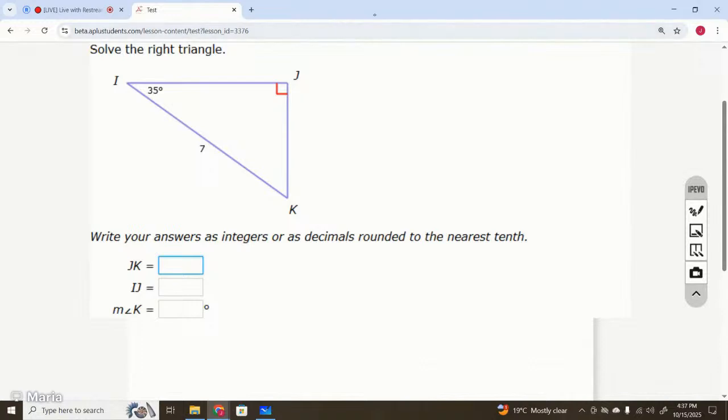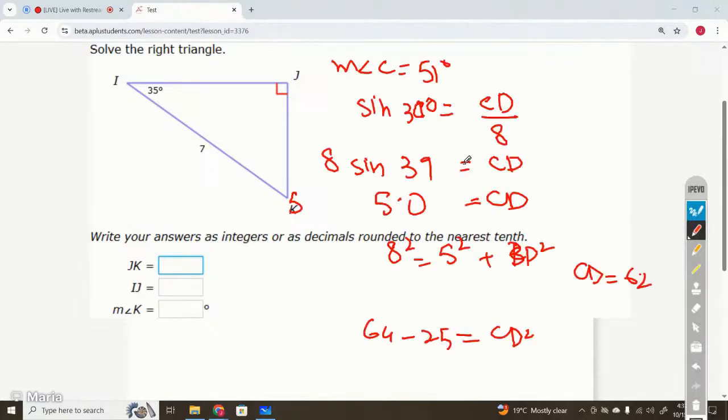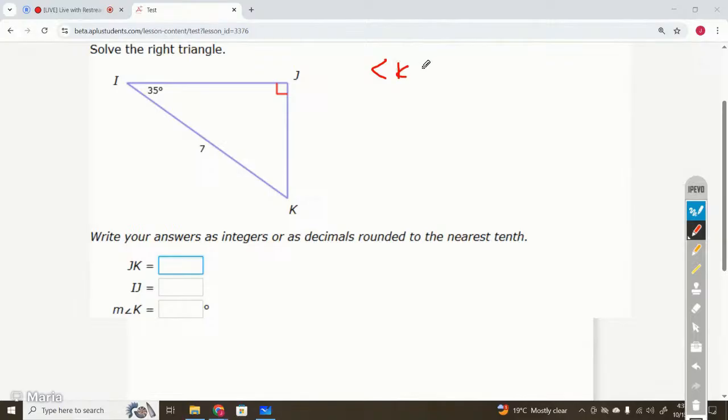So the missing angle is 55 degrees, right? Angle K equals 55 degrees.